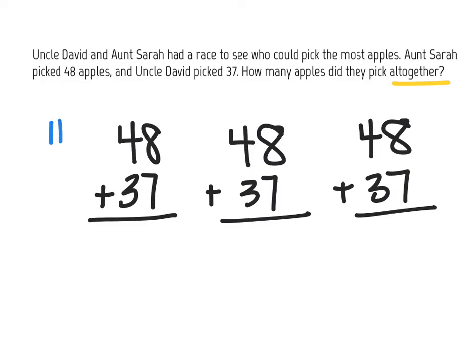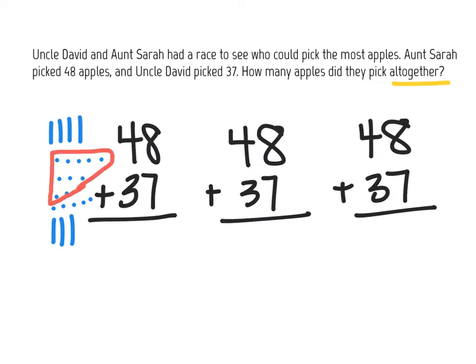So 10, 20, 30, 40, 41, 42, 43, 44, 45, 46, 47, 48, plus 37, 10, 20, 30, 31, 32, 33, 34, 35, 36, 37. I'm going to make a 10 here. 1, 2, 3, 4, 5, 6, 7, 8, 9, 10.